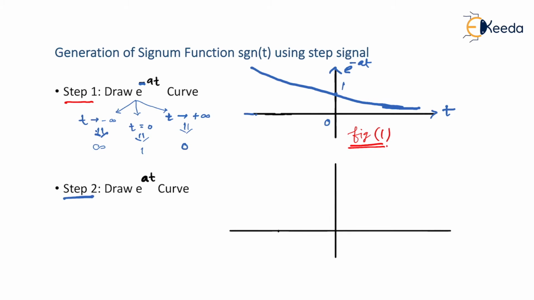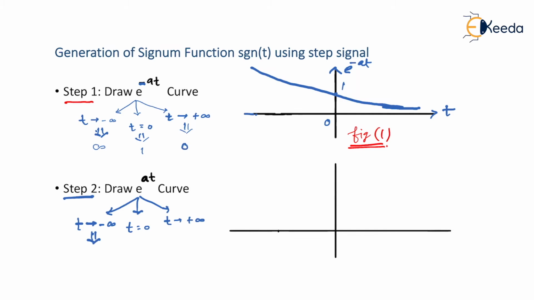Now let us begin with step number 2. Draw e to the power positive at curve. Again I'll calculate it for three distinct values: t tending to minus infinity, then t equal to 0, then t tending to positive infinity. We are doing so that we know the nature of this signal throughout the time scale.